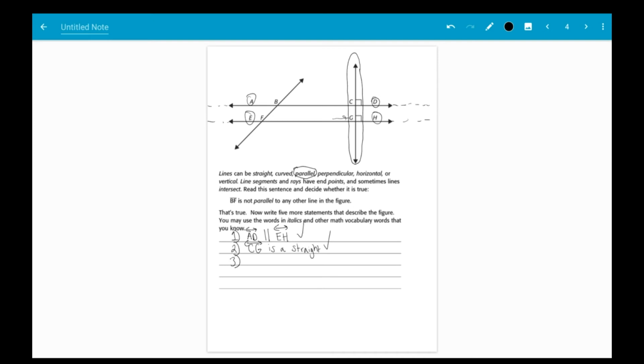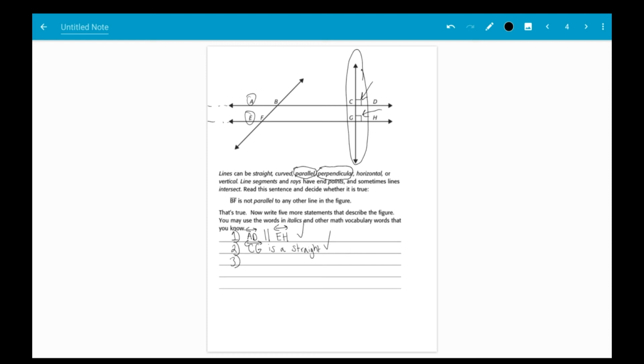Now, recall your definitions of different types of intersecting lines. Let's look at CG again. Notice that there's that little symbol there. If you can recall, that means there's a right angle being formed on AD and another right angle being formed on EH. When it's intersecting these two lines, it's creating a right angle, meaning, as you can recall, the definition of perpendicular is that they are intersecting lines at a right angle.